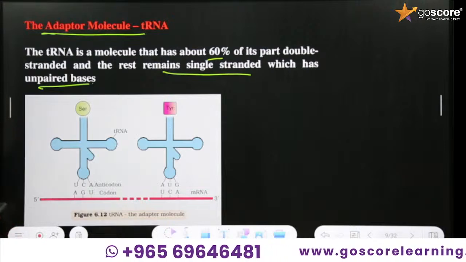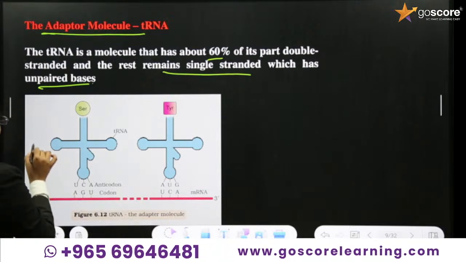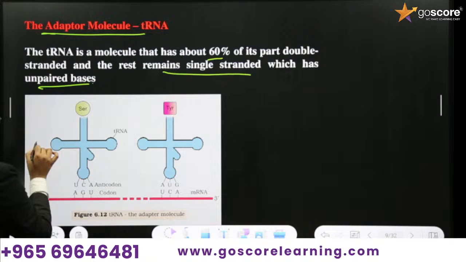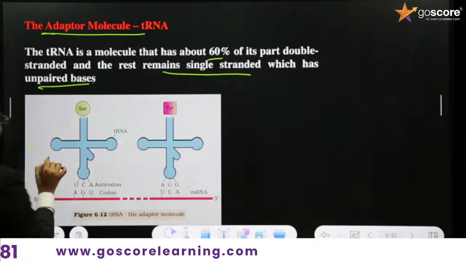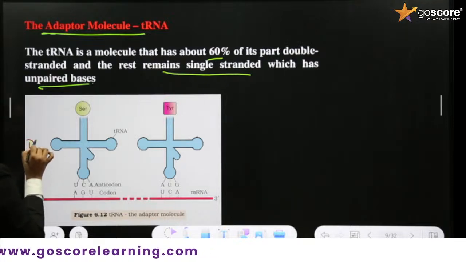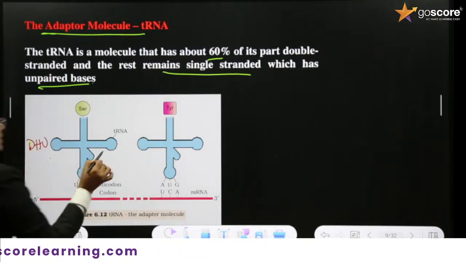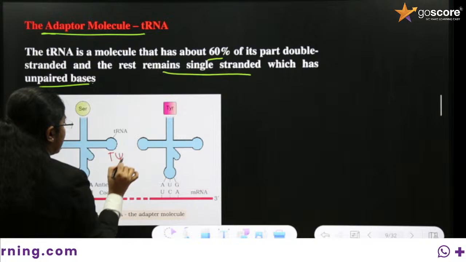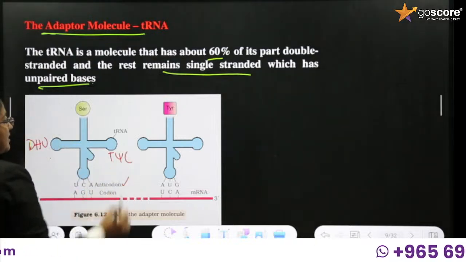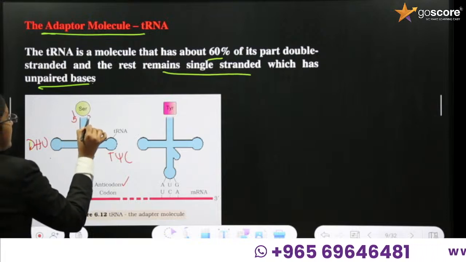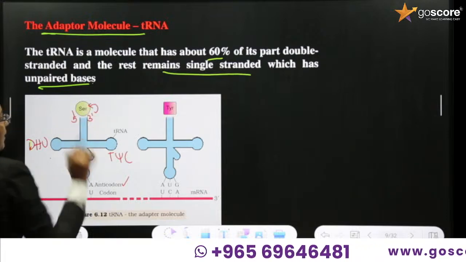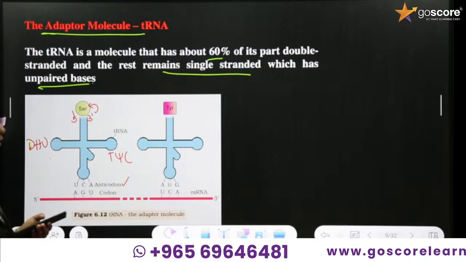If you look into the structure, it has a DHU arm. This is the DHU arm, this is the T-psi-C arm, this is the anticodon region, this is the 5' end, and this is the 3' end where the amino acid is connected.